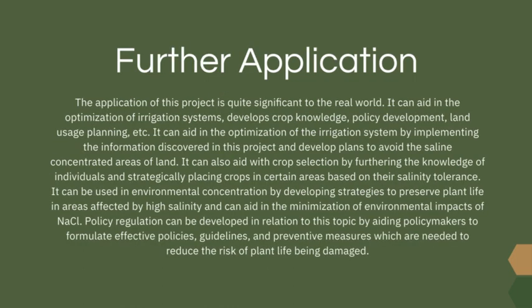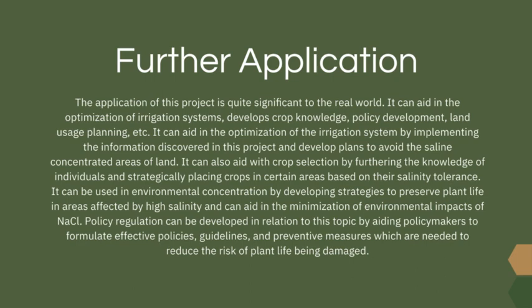This project holds significant real-world applications, contributing to the optimization of irrigation systems, crop knowledge development, policy formulation, and land usage planning. It aids in optimizing irrigation systems by utilizing the project's findings to avoid areas with high salinity concentration. Additionally, it assists in crop selection by enhancing knowledge and strategically placing crops based on their salinity tolerance.